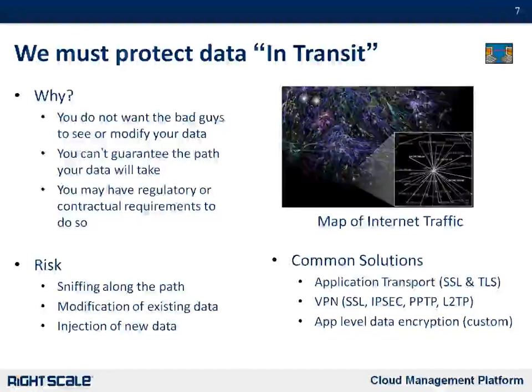Common solutions that we see are application transports like SSL and TLS, virtual private networks, and application level data encryption, which is typically some type of custom, roll-your-own data protection. One of the interesting things I want to point out is that there are tools for that risk of sniffing and modification that are trivial to get.